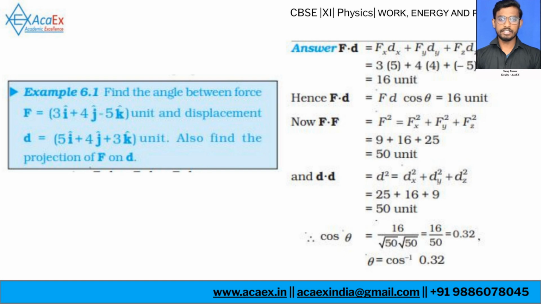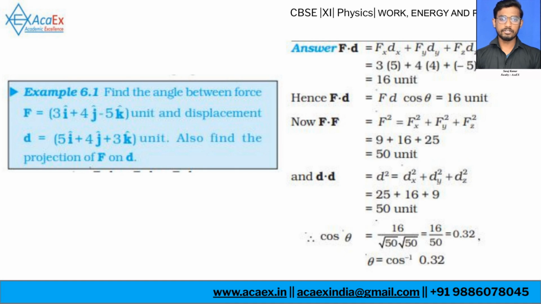Solution: F dot d equals 3 times 5 plus 4 times 4 plus negative 5 times 3 units, which equals 16 units. The magnitude of F is the square root of 3 squared plus 4 squared plus negative 5 squared, which equals the square root of 50 units. The magnitude of d is the square root of 5 squared plus 4 squared plus 3 squared, which equals the square root of 50 units.